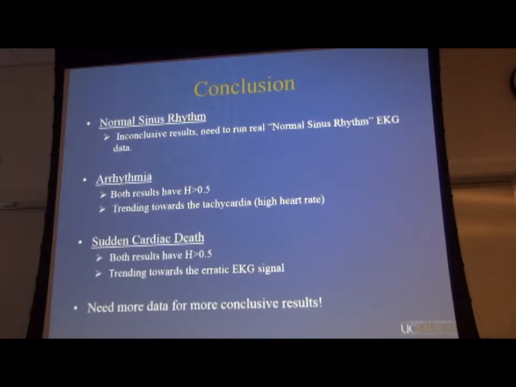For the arrhythmia, the Hurst parameter suggests that it's trending towards some persistent behavior, and I noticed that the person is experiencing a tachycardia, and if you spread out the EKG, you can actually see bits and pieces of those persistent trends. And for the cardiac death, there are those big peaks, and they're pretty erratic, but the Hurst parameter suggests it could be trending towards those erratic EKG signals. And then definitely need more data.